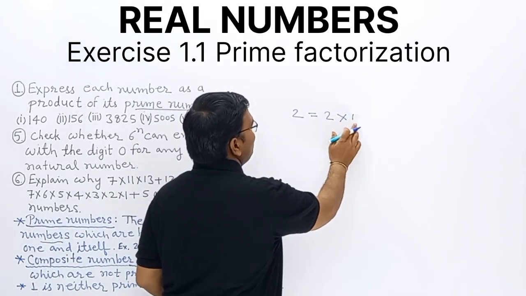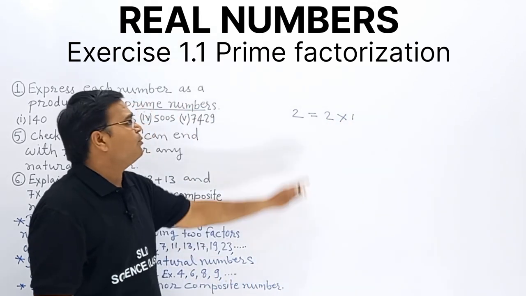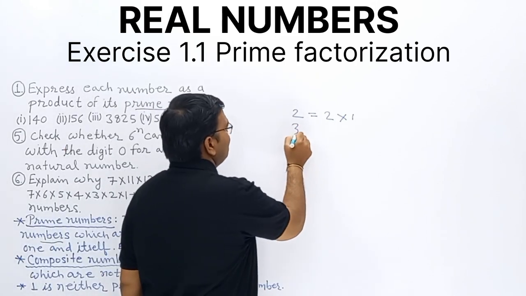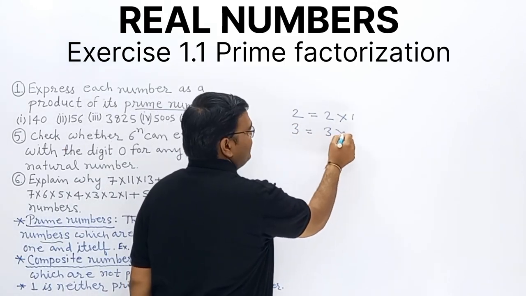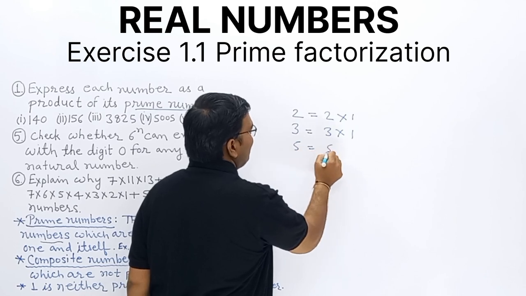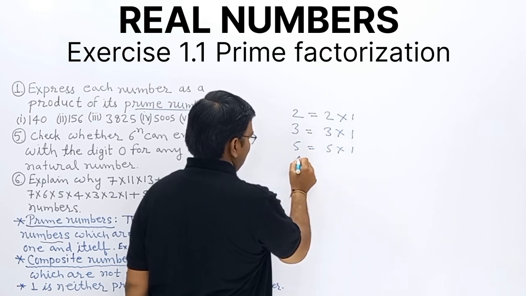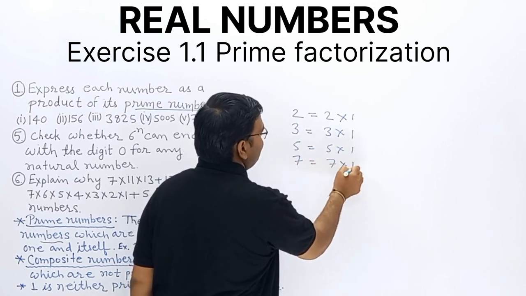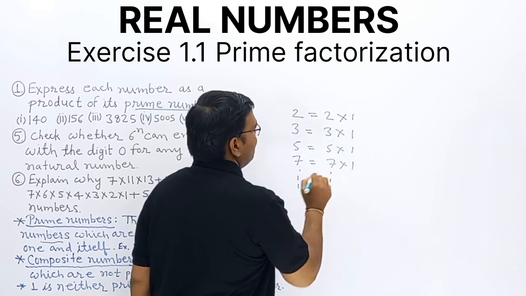So 2 and 1 are the factors of 2. Similarly 3 and 1, 5 and 1, 7 and 1 and so on.